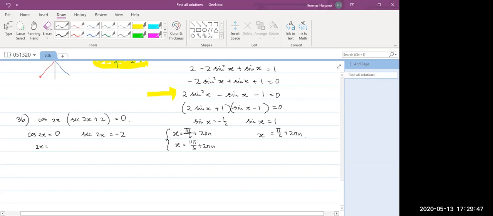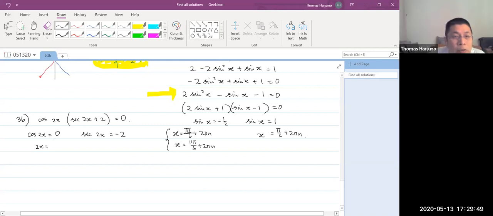Now cosine equals 0 at pi over 2 and 3 pi over 2. Right? So you can write it this way. So there are two branches, but if you think about it, you can condense that to 2x equals pi over 2 plus pi n.